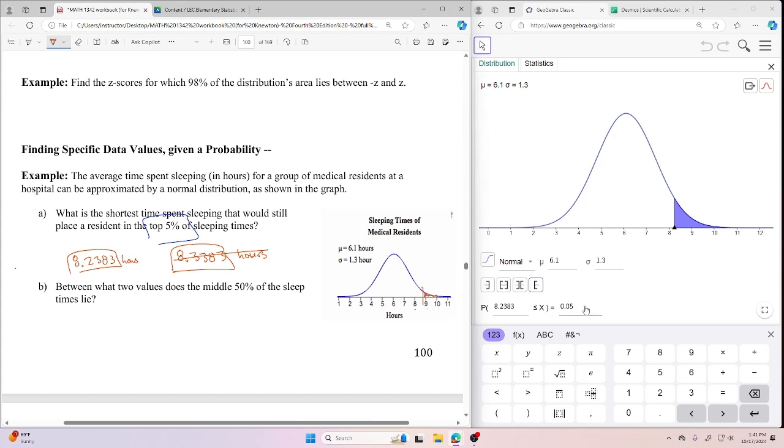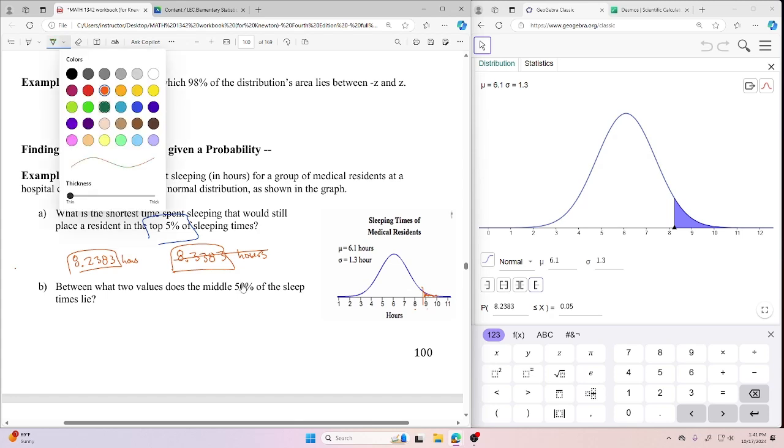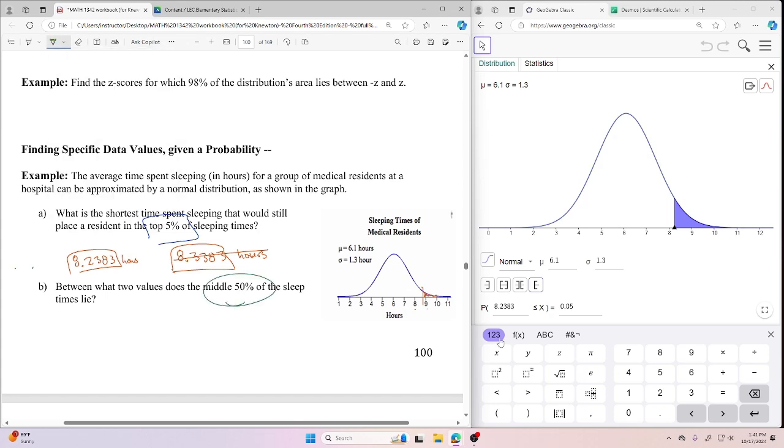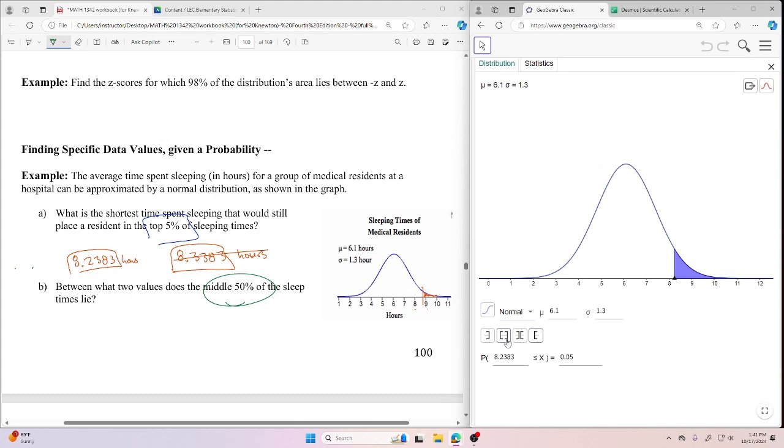Thank you. Okay, so it says between what two values is the middle 50? I'm going to use a different color. So middle 50. This one's a little different. I'm going to try middle 50 over here. So middle, right? And I'm going to put a 50 in here, right? That's all we did. Wait.